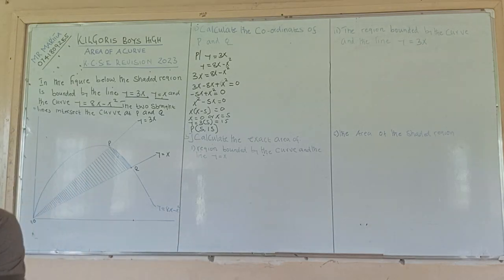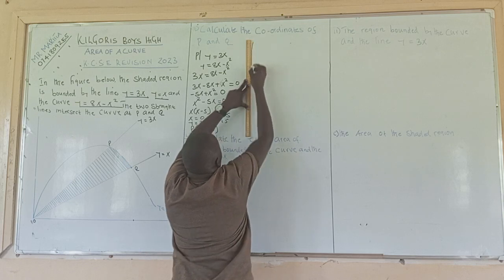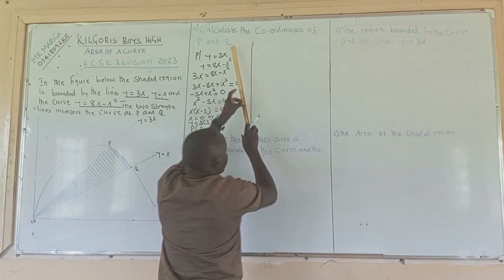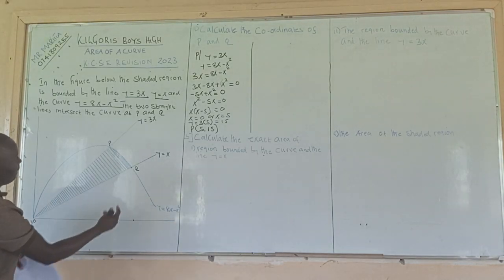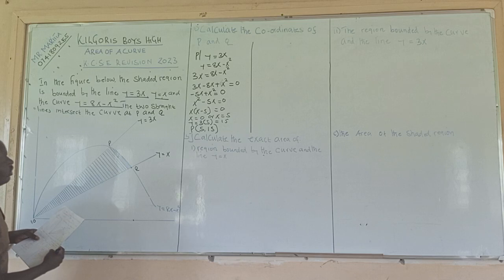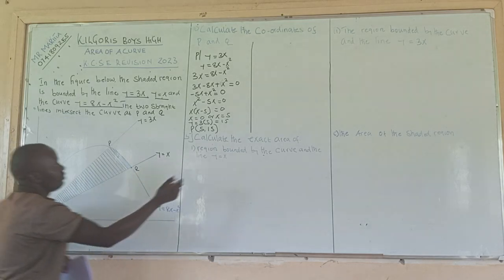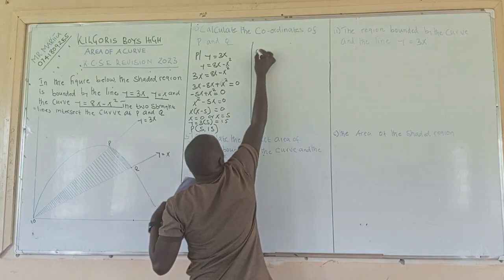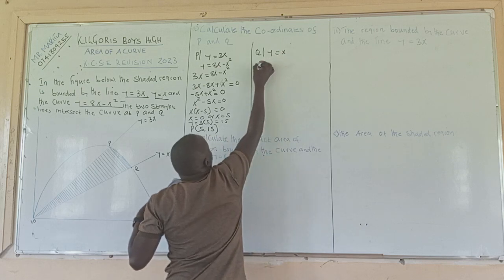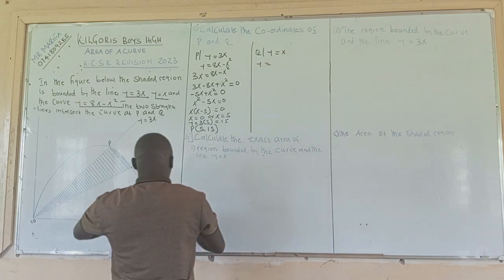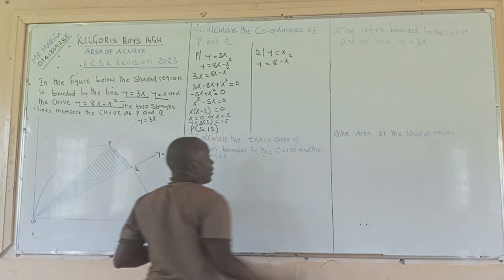Now we proceed and find the coordinates of Q. For Q, we use the line y = x and the curve y = 8x minus x squared.